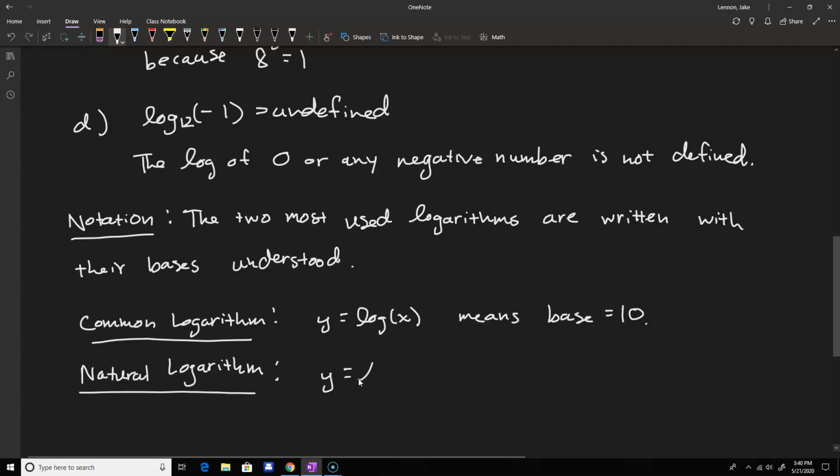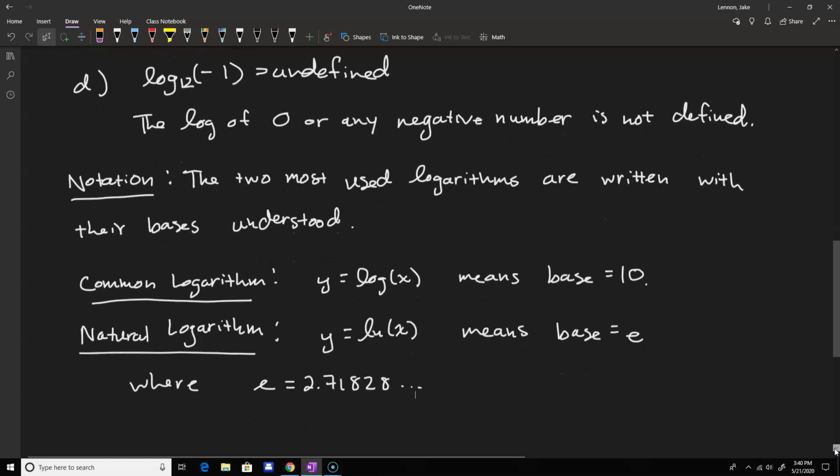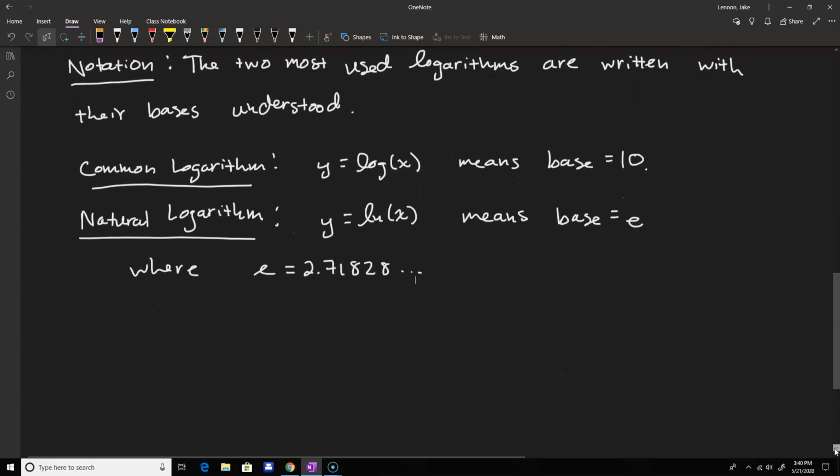So y equals the natural log of x, so we just write ln of x. This actually means the base is Euler's number, e. Again, let's just remember e is 2.71828, so on. It continues forever and does not have any pattern because it's an irrational number, or it does not repeat.